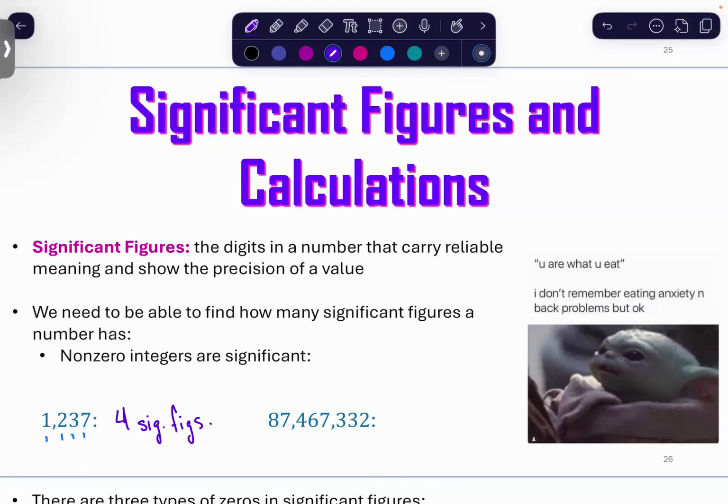That's four significant figures. Then the next one is 87,467,332. We have 1, 2, 3, 4, 5, 6, 7, 8. And so that's eight significant figures. Numbers like that, pretty straightforward, pretty easy.